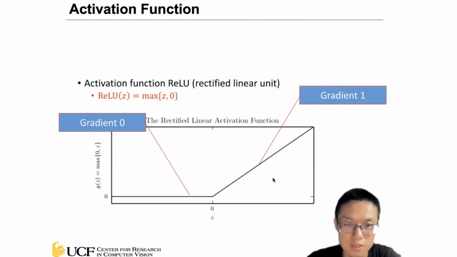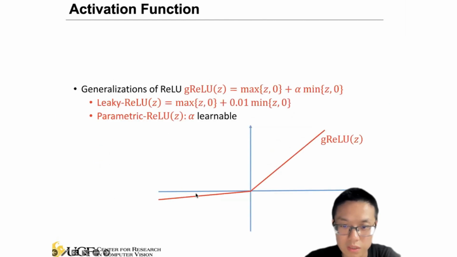To address this issue, there are a couple of solutions we can use, a couple of improved versions or variants of ReLU. This is called the rectified linear activation function. Instead of just 0 on the negative side, you can add some slope on the negative side.